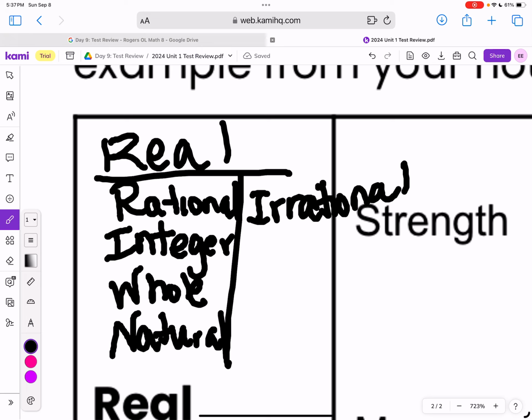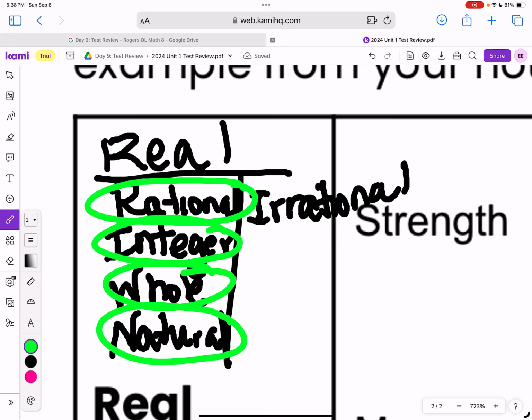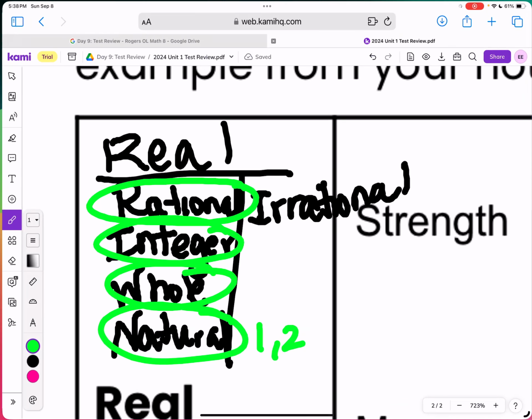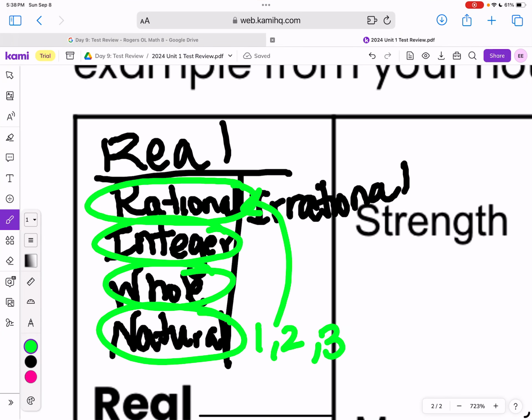Because rational numbers are going to include integers, whole numbers, and natural numbers. If it's a natural number like 1, 2, 3, 4, that's also going to be a rational number, right? That's also included up in here. If we have a whole number like 0, also in here. Integers like -3, also in there. So all of these, the integers, whole, and natural, are going to be included.